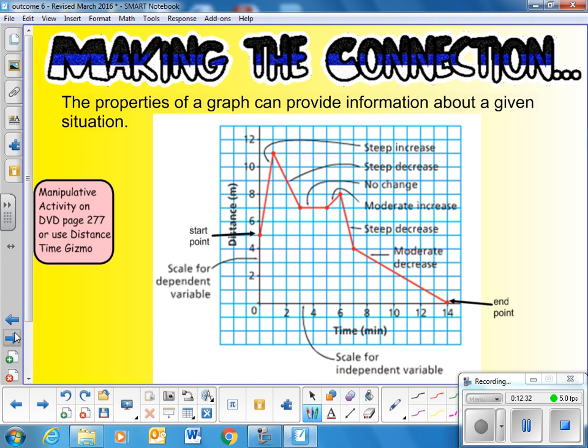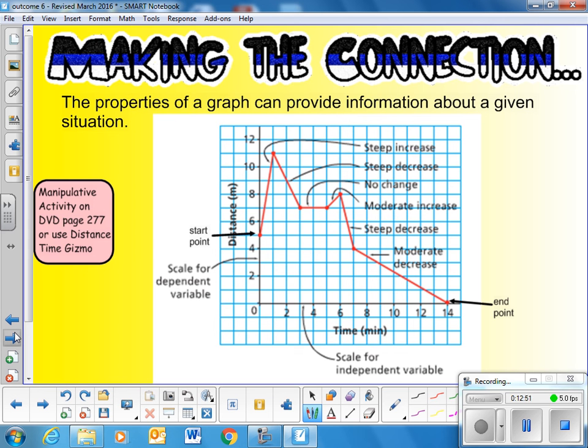Let's make some connections looking at a couple of other examples. The properties of a graph can provide information about a given situation. We've already talked about reading values, but how steep lines are indicates how fast something happens. So this is a distance time graph.